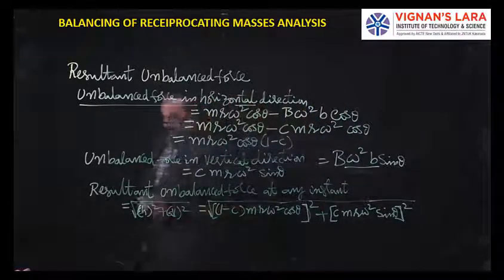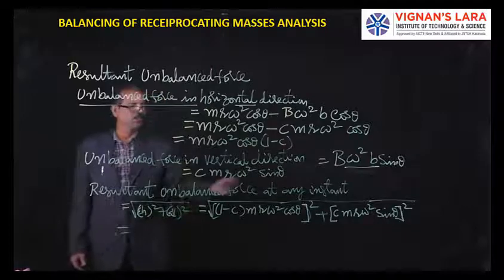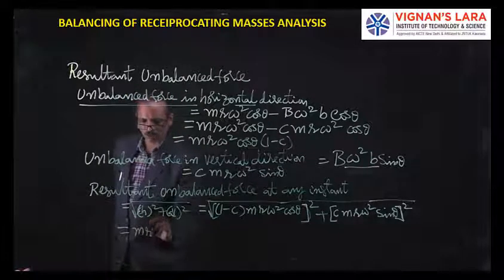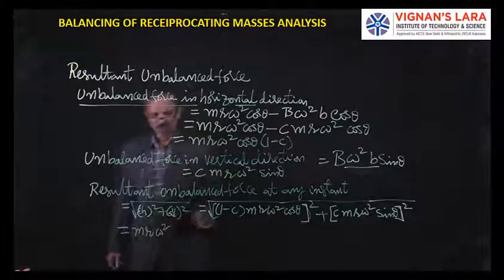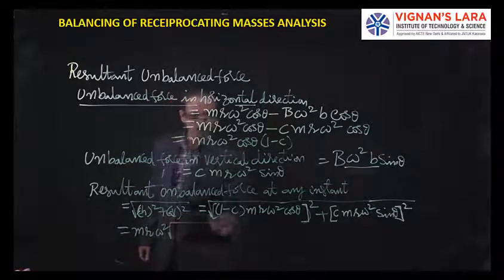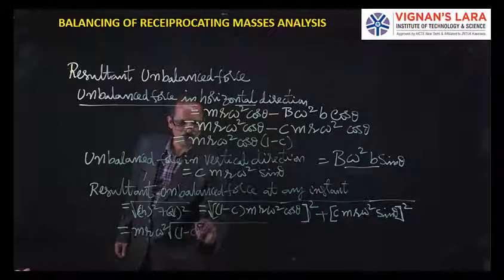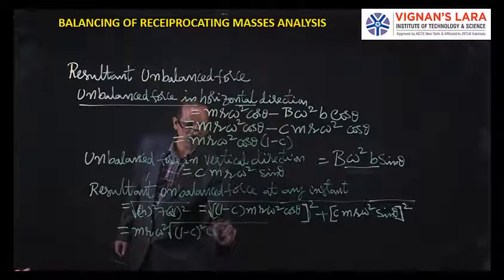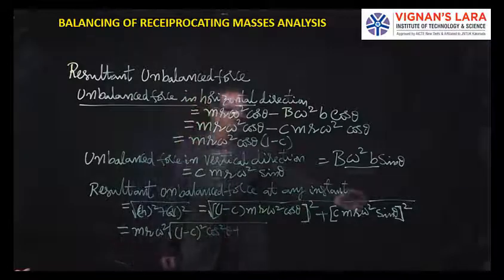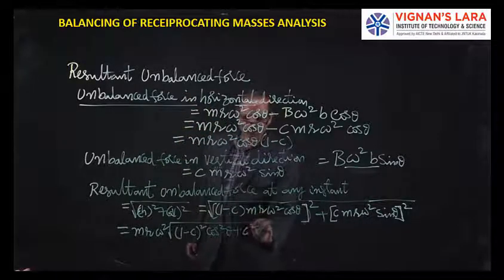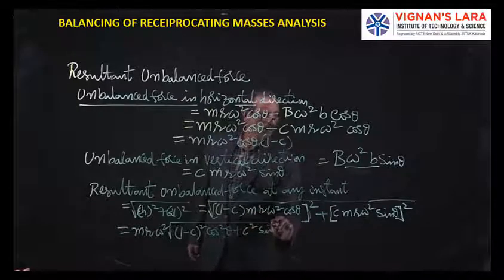So if you take m omega square r common outside, it is m r omega square into root over (1 minus c) whole square cos square theta plus c square sin square theta.